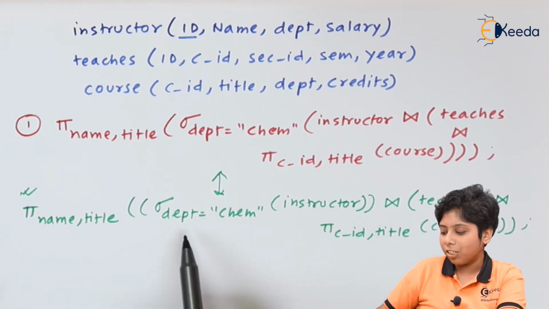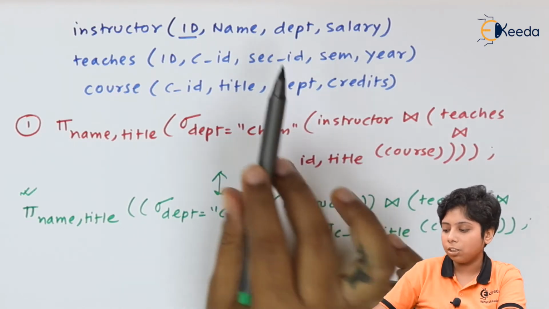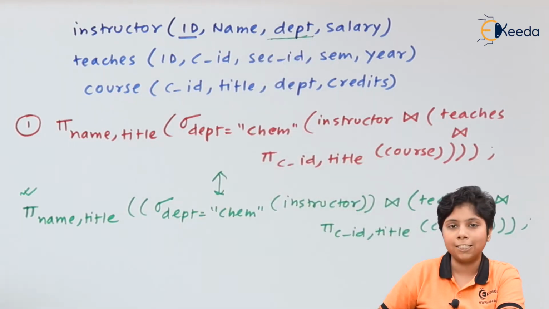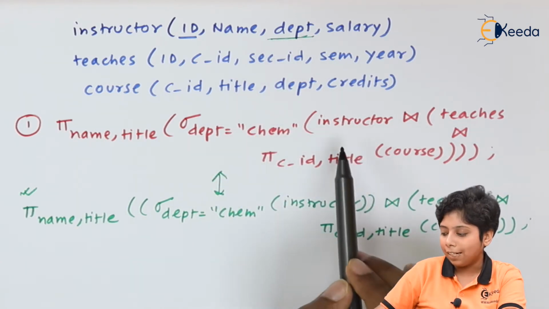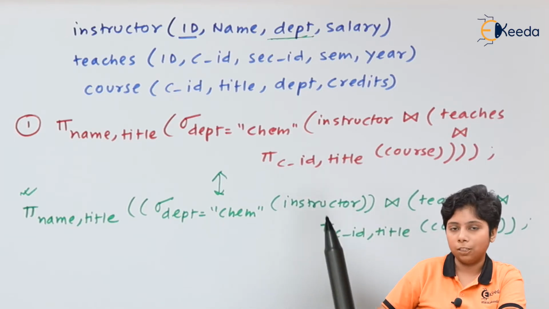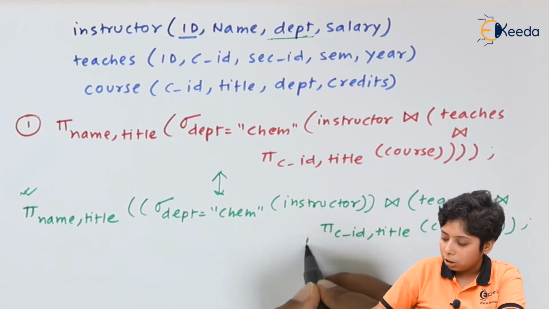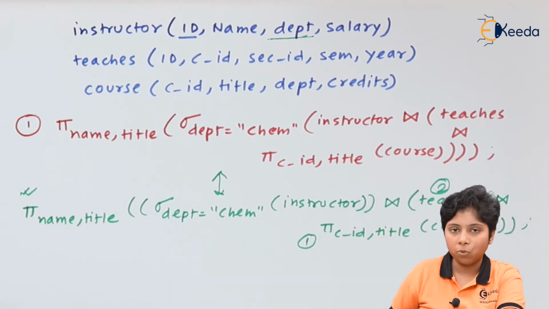So now we can first select Chemistry from the instructor, because the instructor's department is the main concern here. So we can select the department from the instructor, and then join with teaches and the course ID projection. Here the course ID projection is number 1, and the teaches join is number 3.